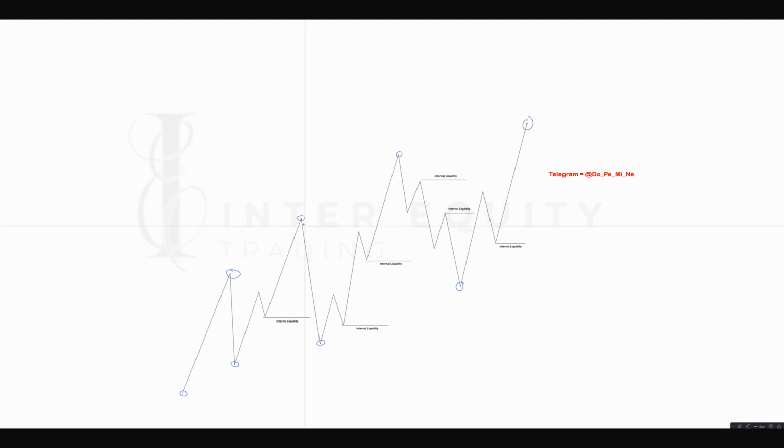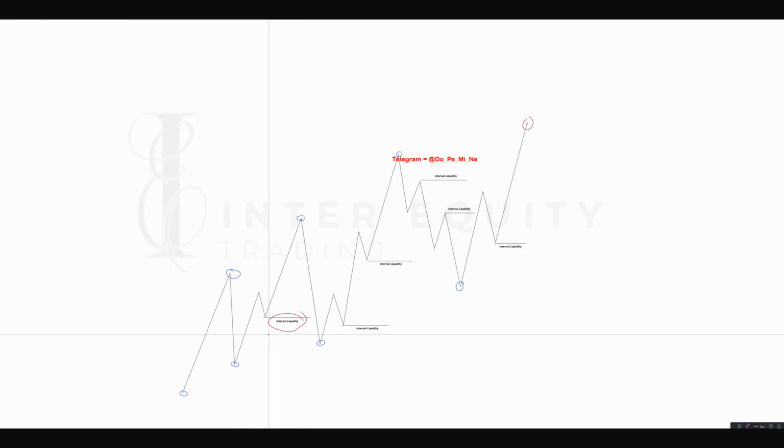Okay, so look at this for example right here. As you can see, after the market printed this higher high, your external liquidity point right here, the market moves down and comes for this internal liquidity right here, right? So your internal liquidity, like I said, is your in between.